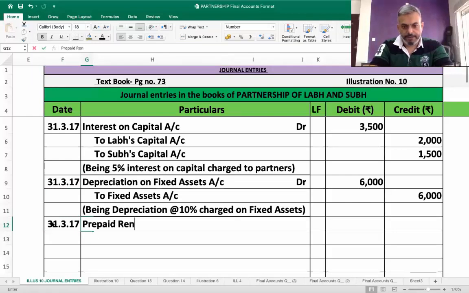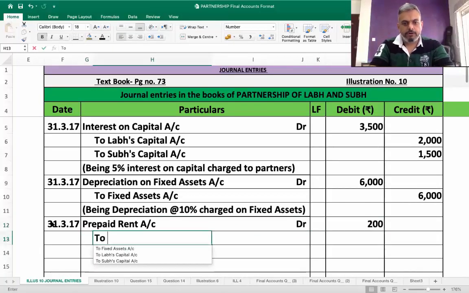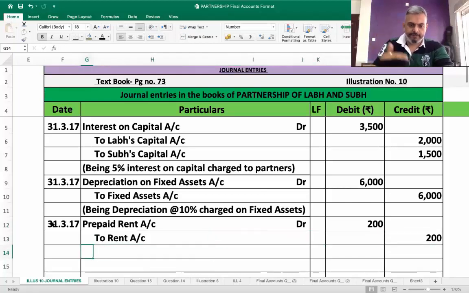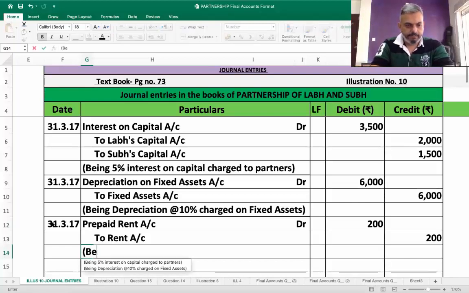Prepaid rent account debit to rent account. Decrease our expense. That's why rent account is credited. Being prepaid rent adjusted.